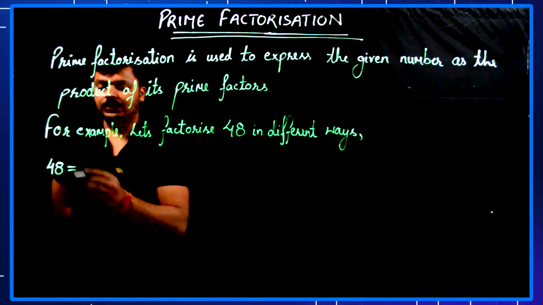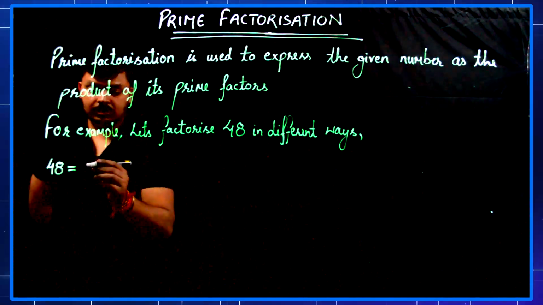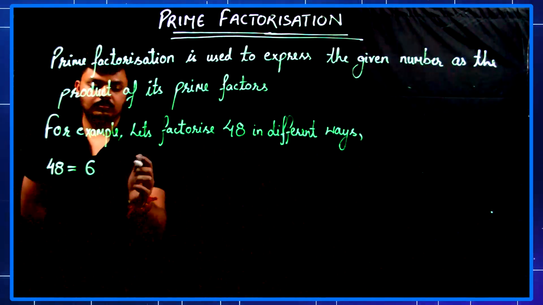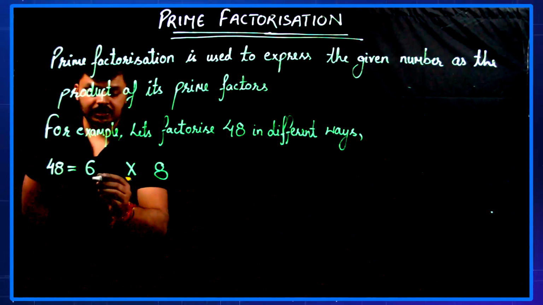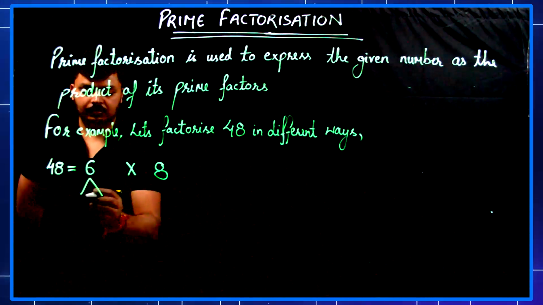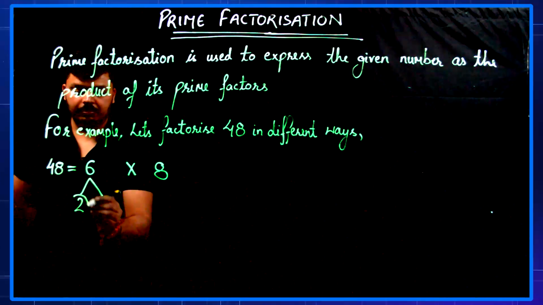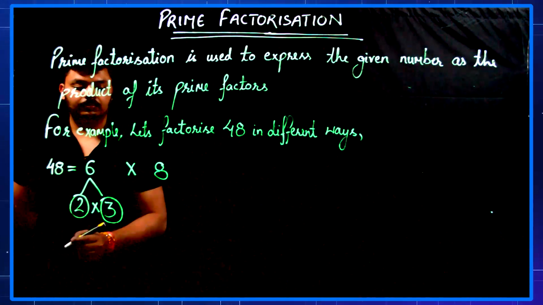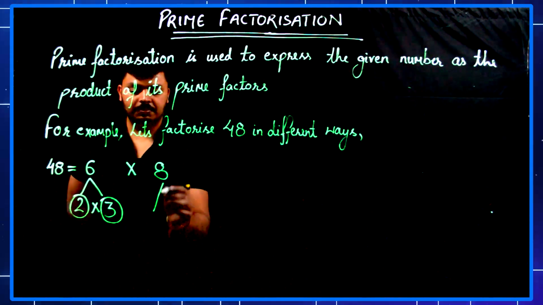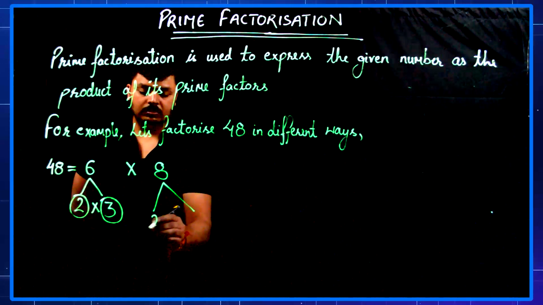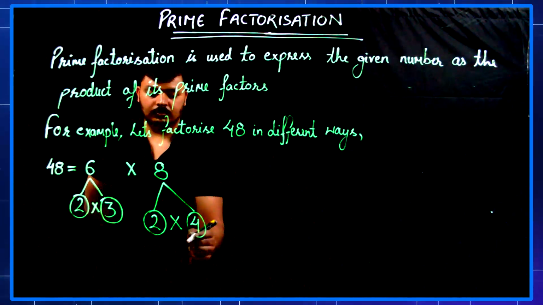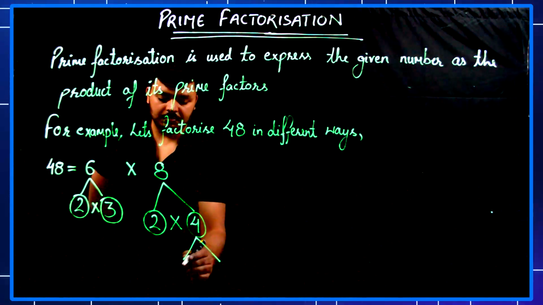Now we can also express 48 as the product of 6 and 8. So further split 6 as 2 multiplied by 3, and further split 8 as 2 multiplied by 4, and 4 can further be split as 2 multiplied by 2.